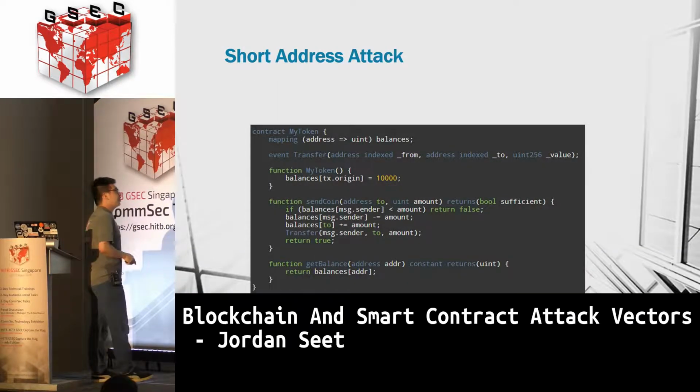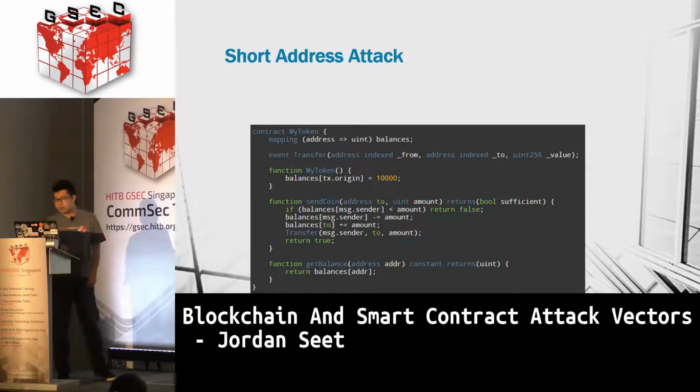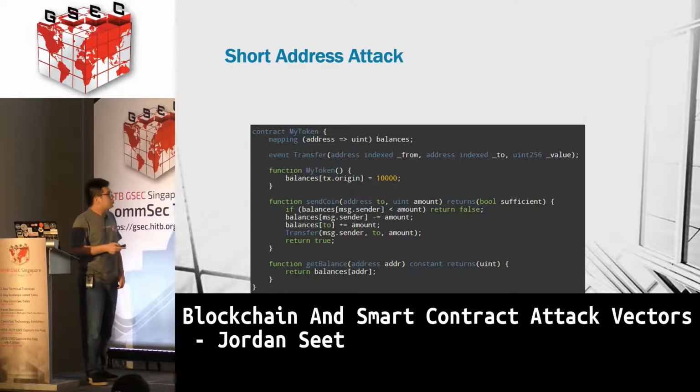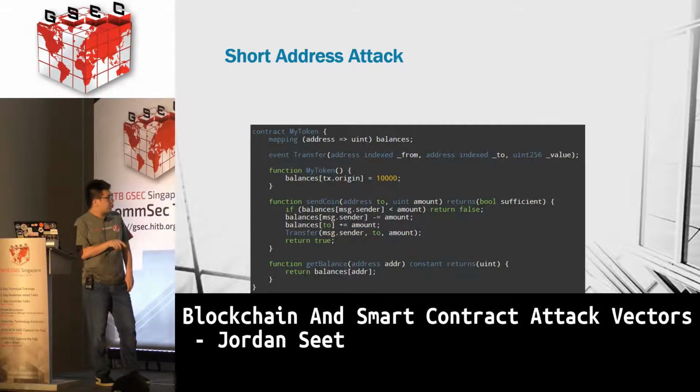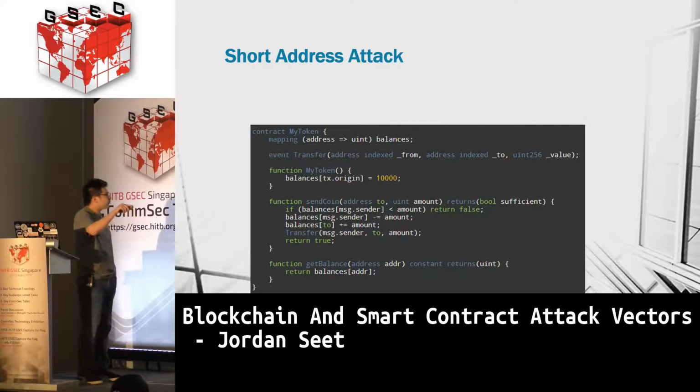The short address attack should be my last attack on the smart contract platform. If you were to take some time to look at this contract, it looks very innocuous. I have a token, I initialize the token, and then as you can see, transaction.origin, so the person calling this contract will have a balance of 1,000 tokens.